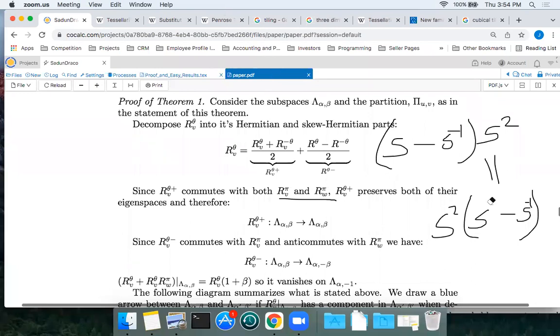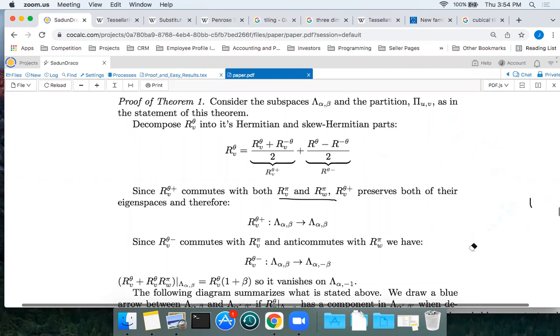So when we combine those two facts, what happens is the Hermitian part leaves lambda alpha beta invariant, and the skew Hermitian part leaves one of the components invariant and negates the other one.